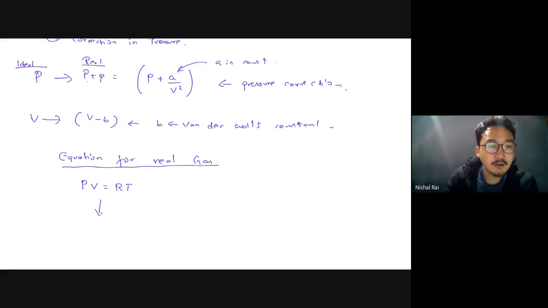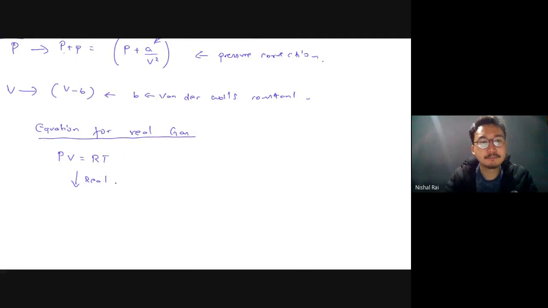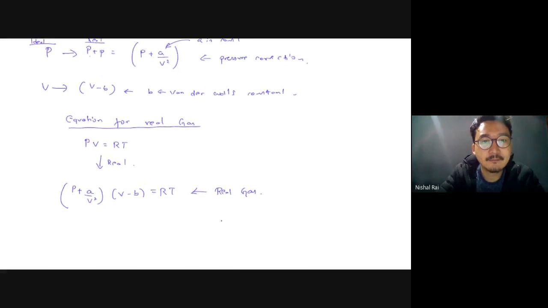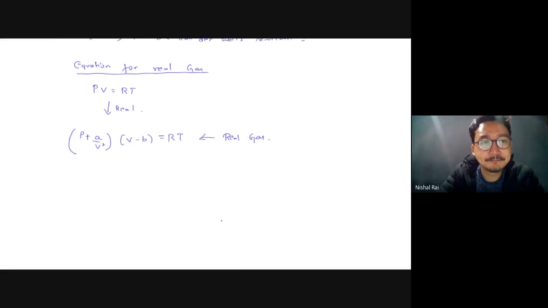Now for real gas, P should be replaced by P plus a by V square, and volume should be replaced by V minus b, so it becomes (P + a/V²)(V − b) = RT. This is the equation for your real gas. This is how he made the correction. After that, you were able to make correct predictions for real scenarios. Is it clear?